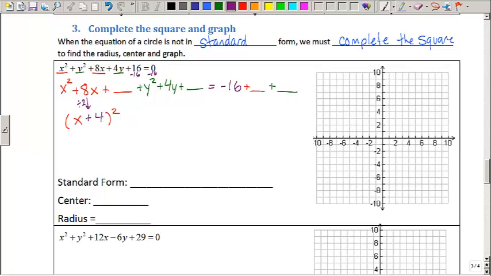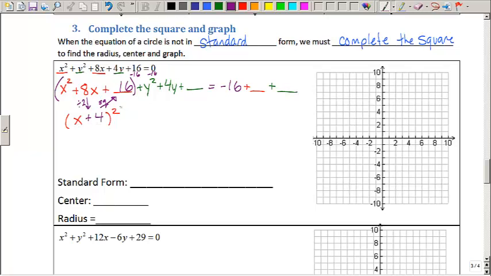I believe x squared plus 8x plus some number can factor into x plus 4 quantity squared. In order for that to truly factor in, you have to have a value here. And the value in the blank needs to be 4 squared. You divide by 2 to get 4, and you square 4 to get 16. So if there's a 16 here, this truly does factor into x plus 4 quantity squared.